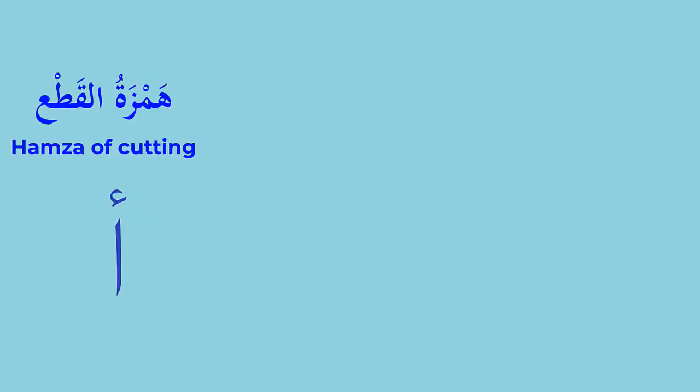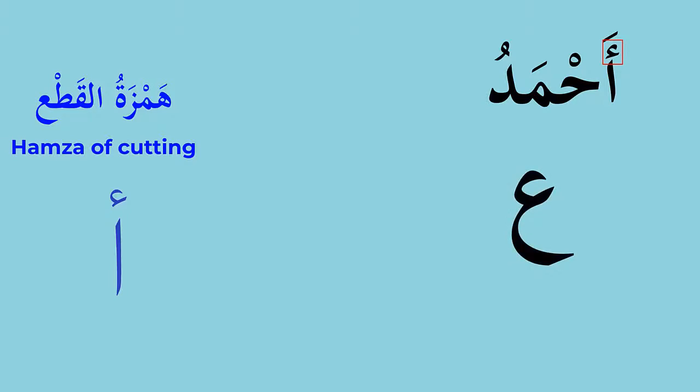But if I write, brother Ahmad, do you see I put the sign here? This is the neck of Ain. Hamza is written as the neck of the Ain.